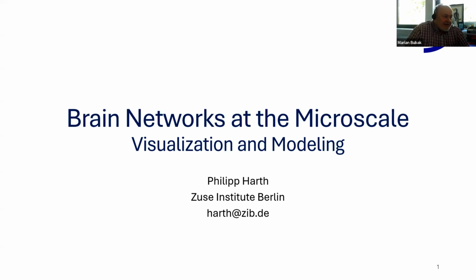Currently, Philipp is a research associate at the Visual and Data-Centric Computing Department at SUSE Institute in Berlin. His current interests are visual analysis tools, and he's working on computational network models to predict connectivity, and to make inferences about assumptions of different types of illness in the brain.